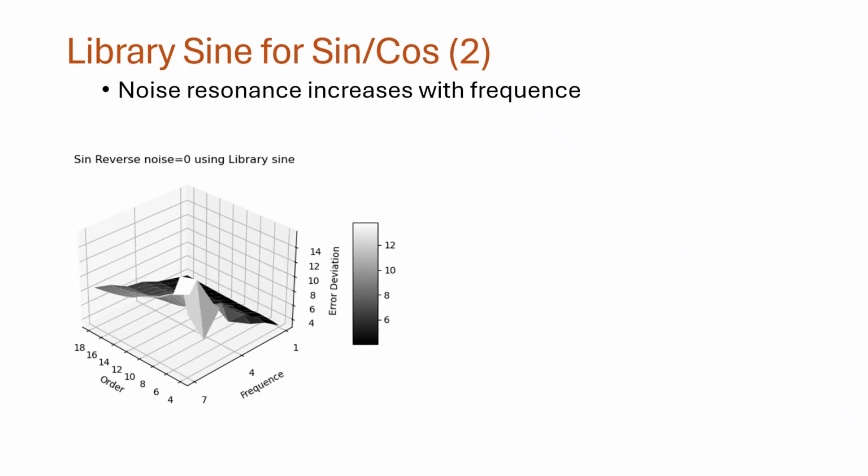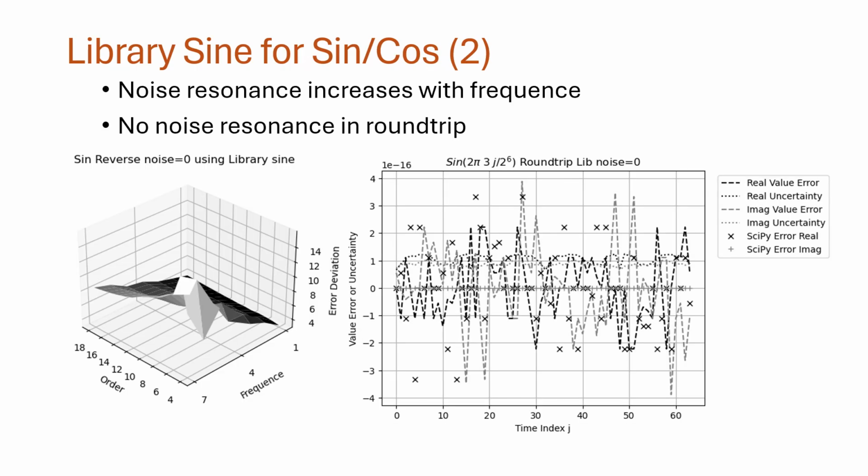One manifestation of this numerical error is that the error deviation increases with the input signal frequency. This is also expected, right? But when we do a round trip, meaning a forward and reverse transformation, we no longer see this kind of resonance.